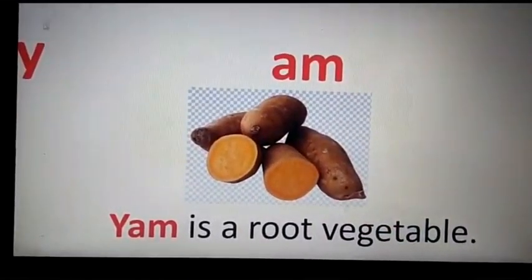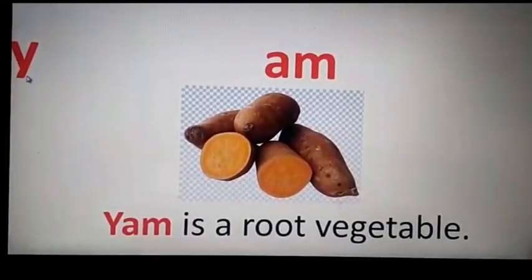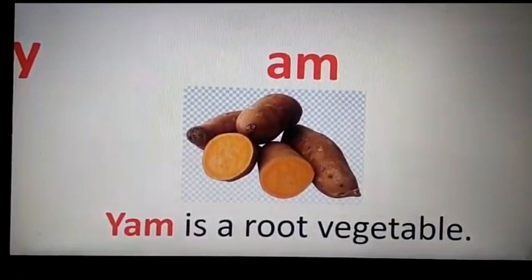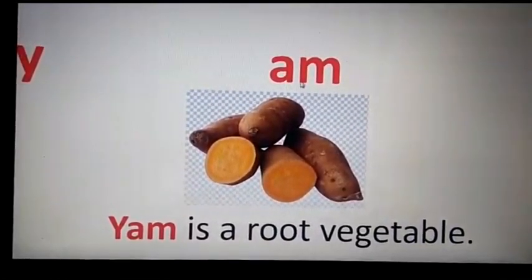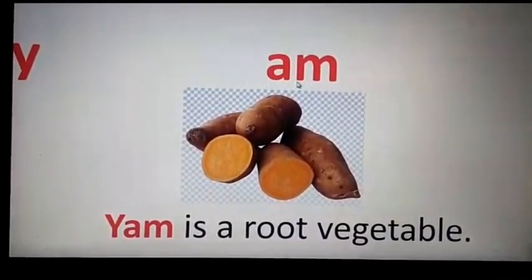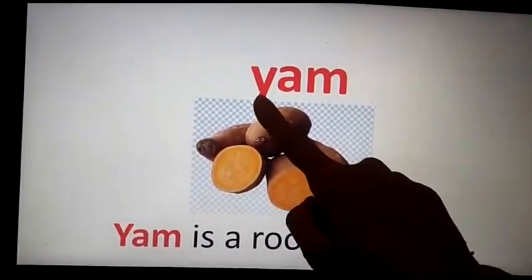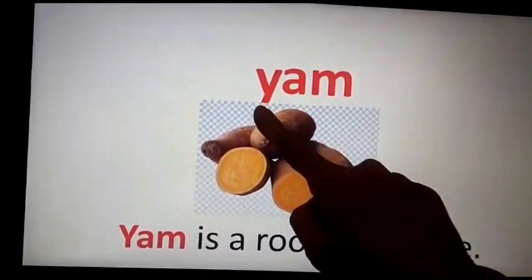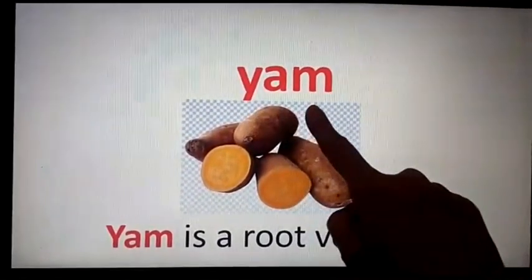You can see one letter is there. What is the sound of this letter? You all know. It is Y and Y says Y. And here M is waiting. And let's see what happens when they come together. Become Y, M, yam. Repeat after me. It's Y, M, yam.